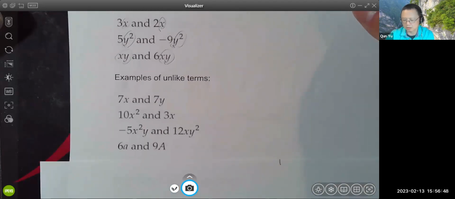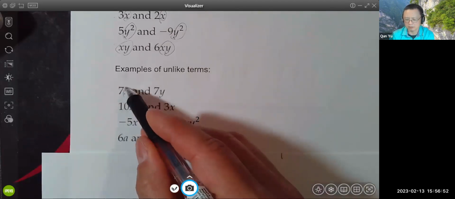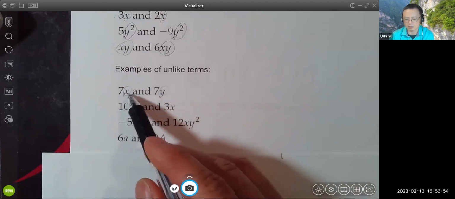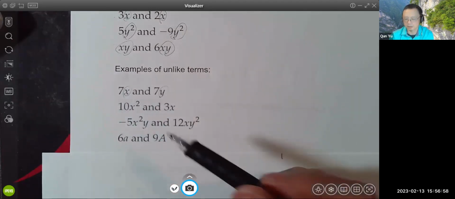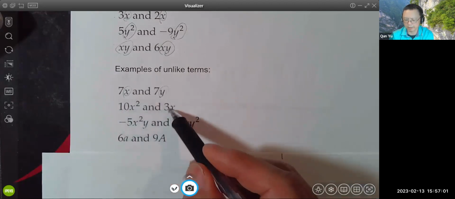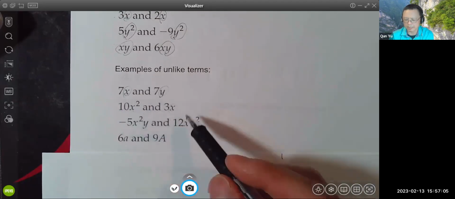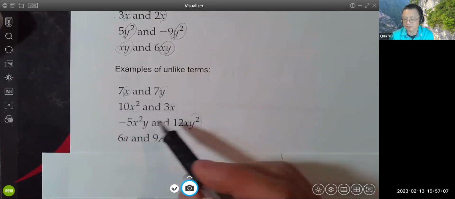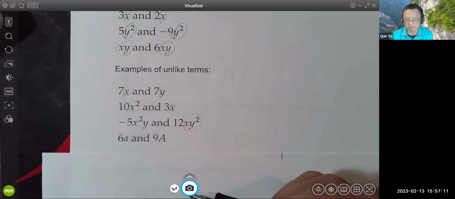And these are some examples of unlike terms. They have different variable parts. It's like this is an apple, this is a banana. X squared and x are not the same thing, even though both have x. X squared y and x y squared are not the same thing, even though they both contain the same variables, because they have different powers on different variables.